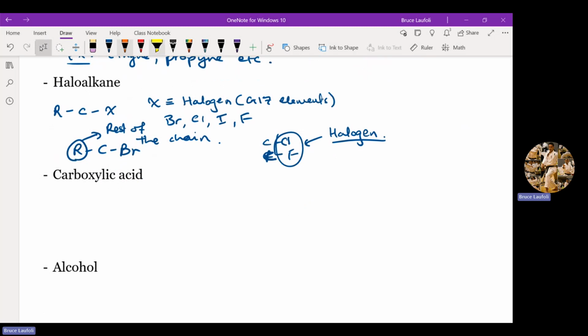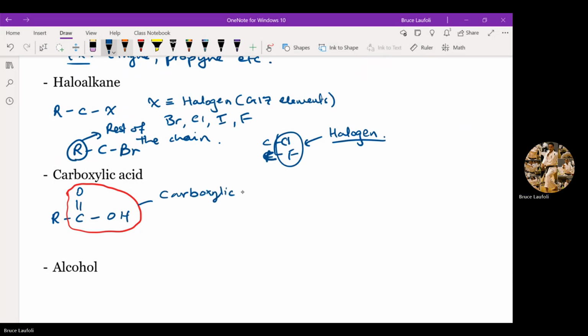Now carboxylic acid. Carboxylic acid is a really interesting one, and it becomes even more interesting in level 3. If we look at this carboxylic acid, it's this entire group over here. This is known as the carboxylic acid group. And that's when you have a carbon singly bonded to an OH and doubly bonded to an oxygen atom.